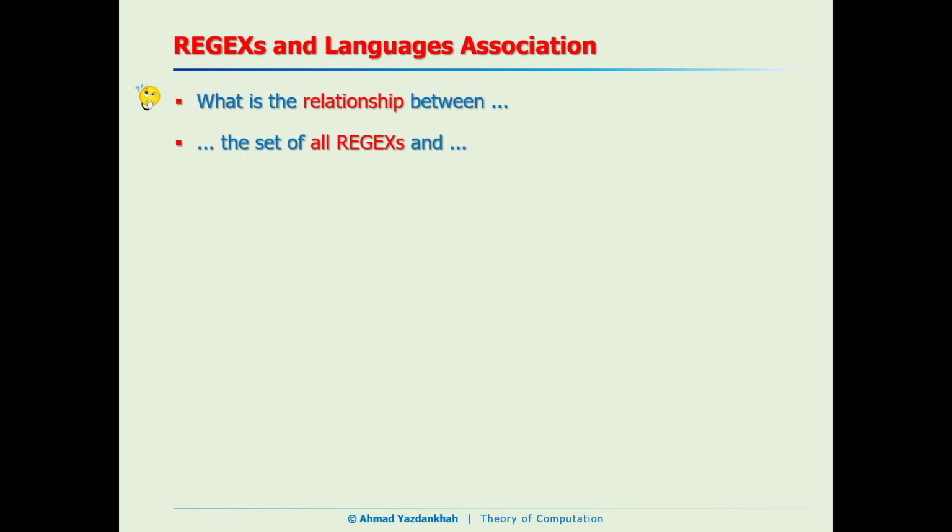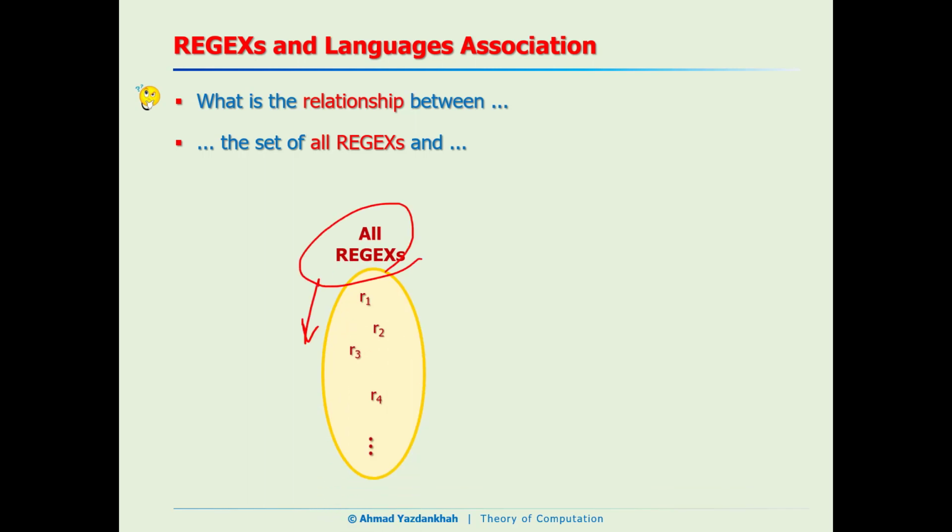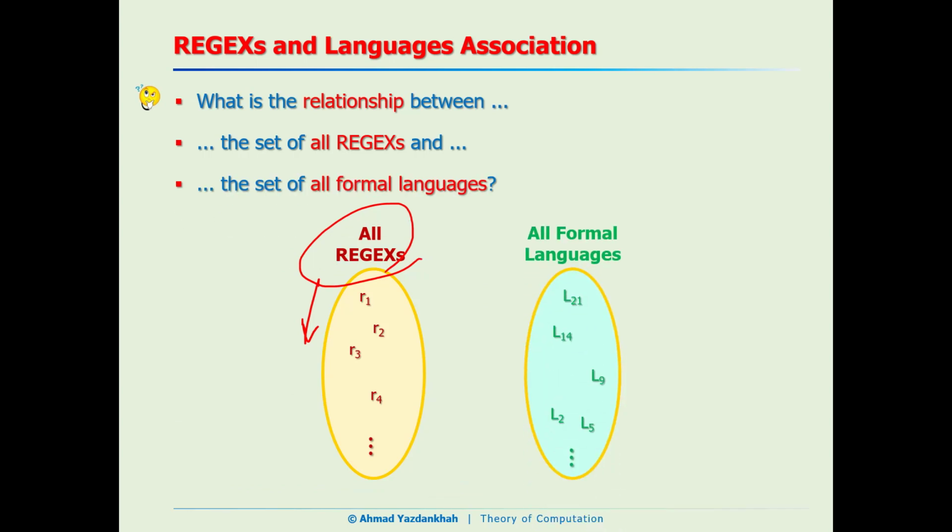So this is the goal of this slide. Here is the question. We have all regexes inside this set, and then we have all of the formal languages here. Now the question is, what portion of these languages will be covered by the regexes?